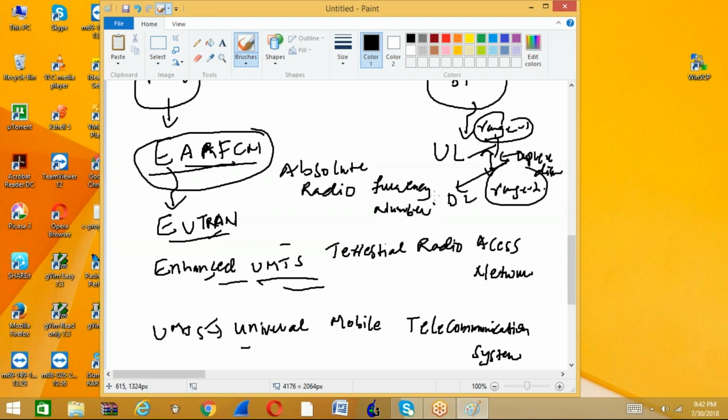Absolute radio frequency channel number. You don't have to remember Enhanced UMTS Terrestrial Radio Access Network or Universal Mobile Telecommunication System, no need for all those stories. Only what you have to remember is EARFCN, where E stands for E-UTRAN, that's it.